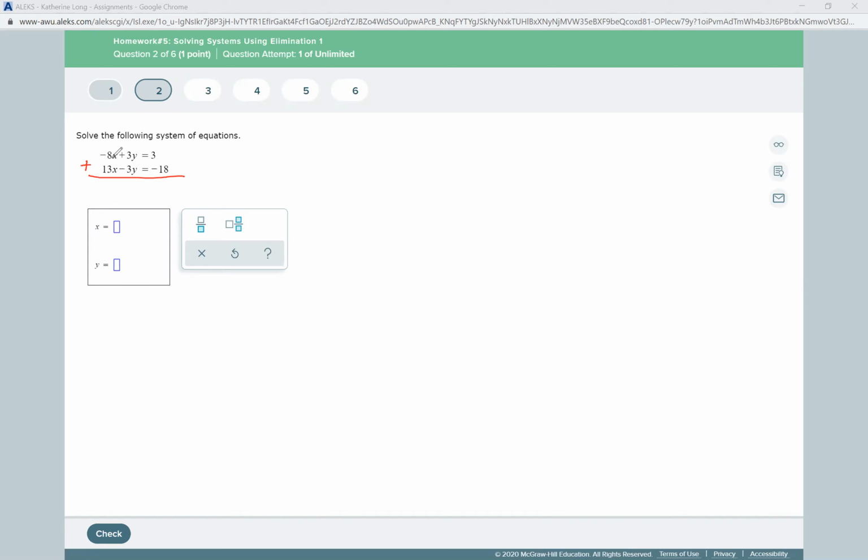So, negative 8x plus 13x leaves you 5x. Positive 3y plus negative 3y go away. And 3 plus negative 18 is negative 15. So when you add those equations together, you're left with one equation with one variable. So now you can solve.